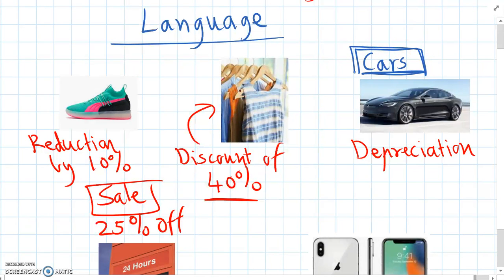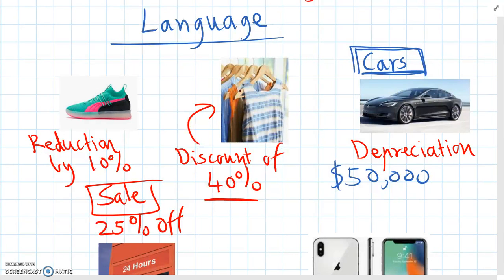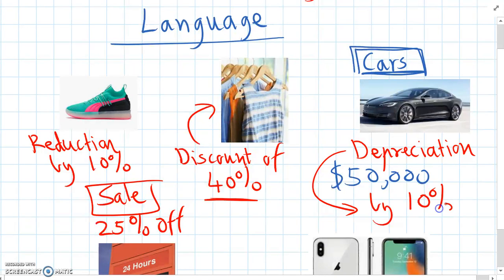So when you buy a car, brand new, it might start off at $50,000, but over time it depreciates by a certain amount every year. So if you ever hear depreciation by 10%, that means the value of that thing, the car, has gone down by 10%. So all of these words here all mean the price is dropping, the price is going down.